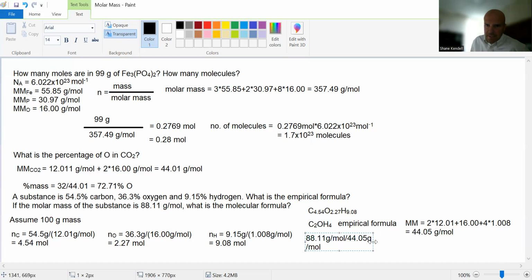Looking at that, I didn't really need a calculator for that one. You can see that it's going to come out to be equal to 2.